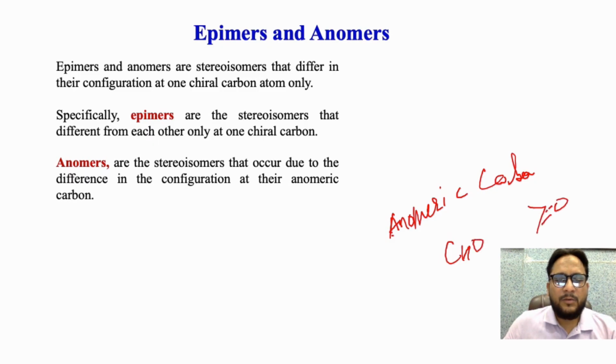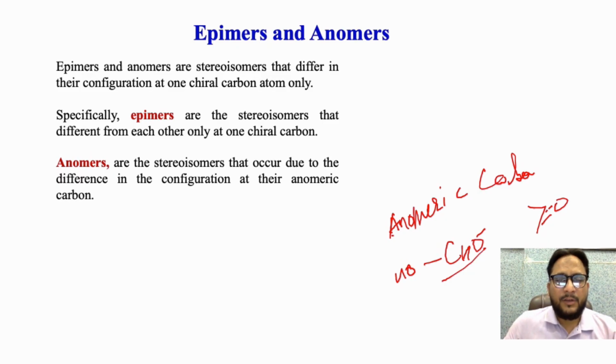And when the molecule, in order to stabilize itself, forms a ring structure, like when glucose forms a glucopyranose ring, then this anomeric carbon involves its oxygen in forming the cyclic structure, and it acquires an OH group during the formation of the glucopyranose ring structure.